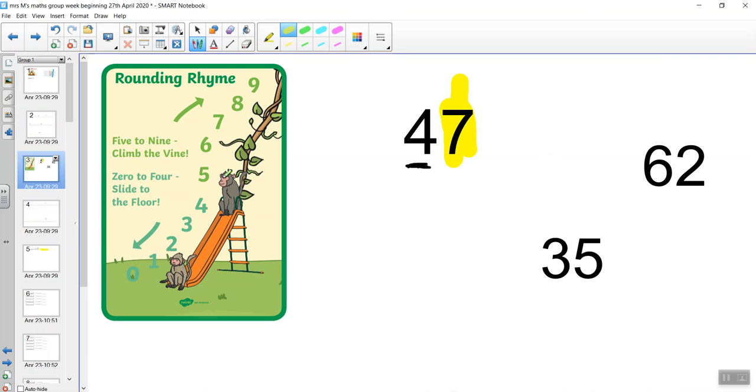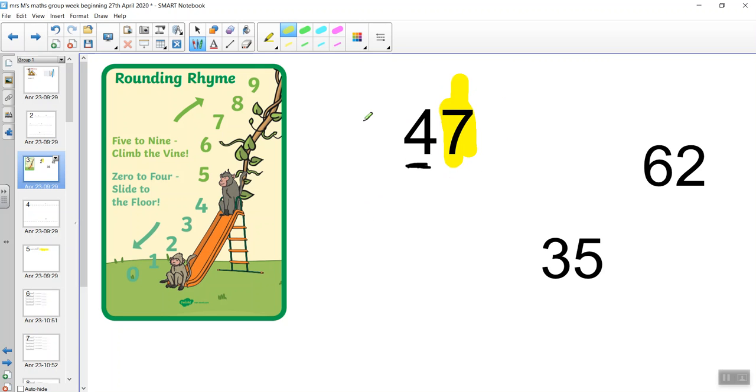And the rhyme says, if the digit in the ones place is a 5, 6, 7, 8 or 9, then I round my number up to the next 10, which would be 50. And if my digit is a 4, 3, 2, 1 or 0, I slide to the floor. I round it down to the 40.